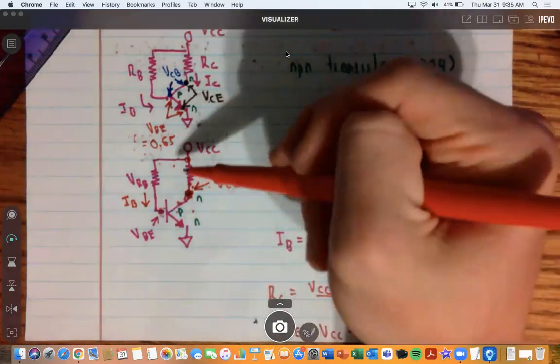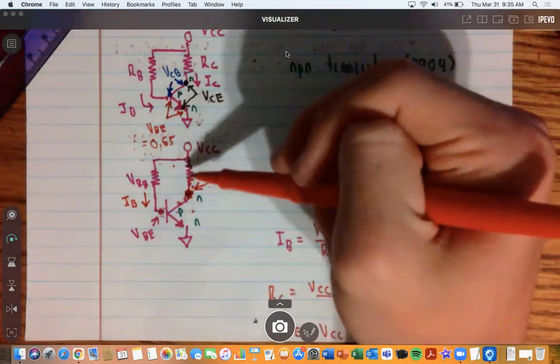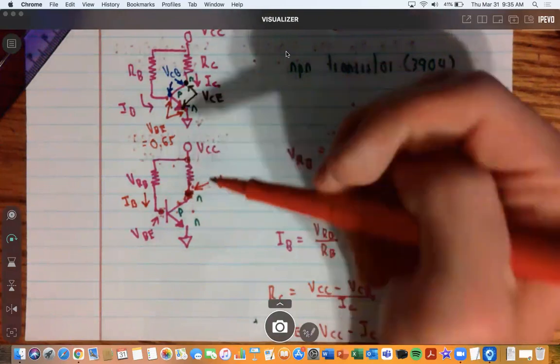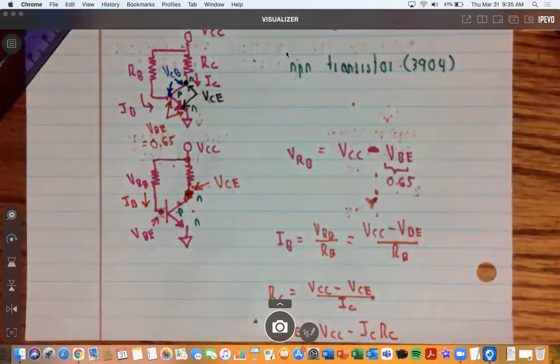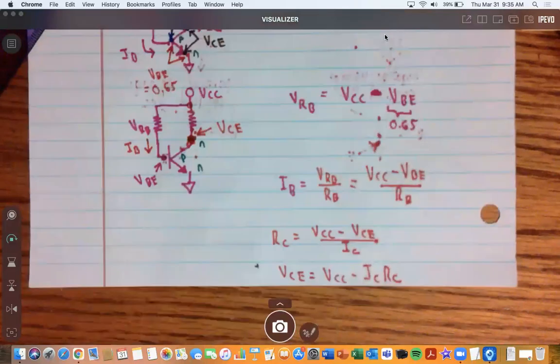The reason is because if you start right here at VCC and subtract whatever voltage drops across this resistor, you're going to get VCE at this point. Those are the iconic ones that you're going to see mostly used with transistors to solve for. And now that we talked about the DC model a little bit, let's talk about biasing in general.